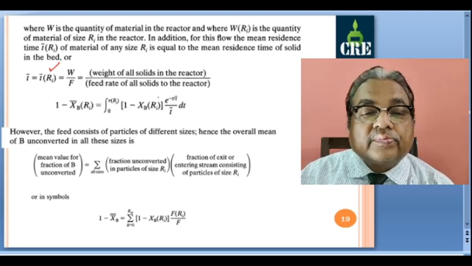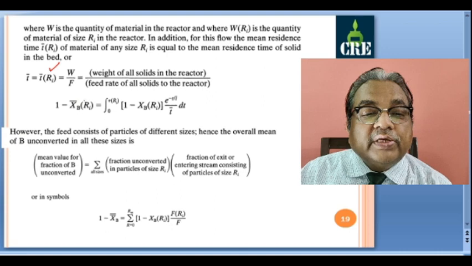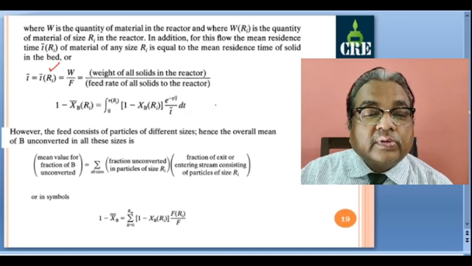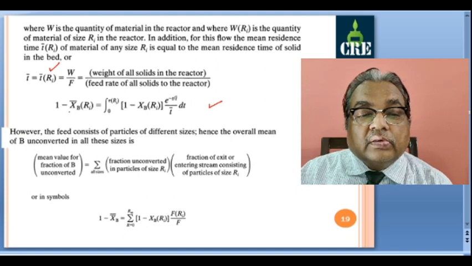So with this definition, this 1 minus xb bar for size Ri, between 0 and the maximum limit tau for Ri, is 1 minus xb of Ri into e raised to minus t by t bar, divided by t bar, into dt. This we have already seen.